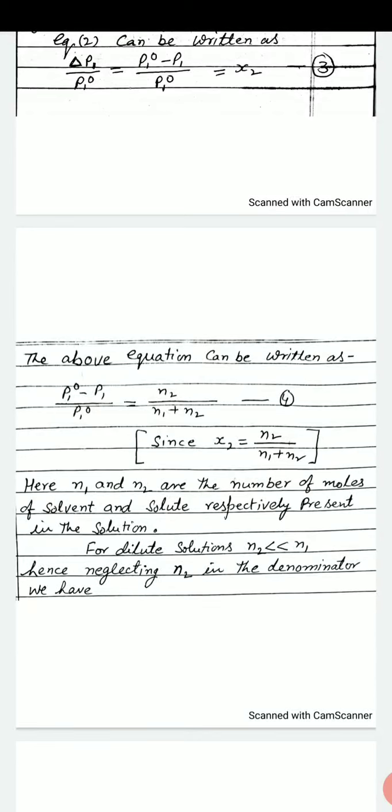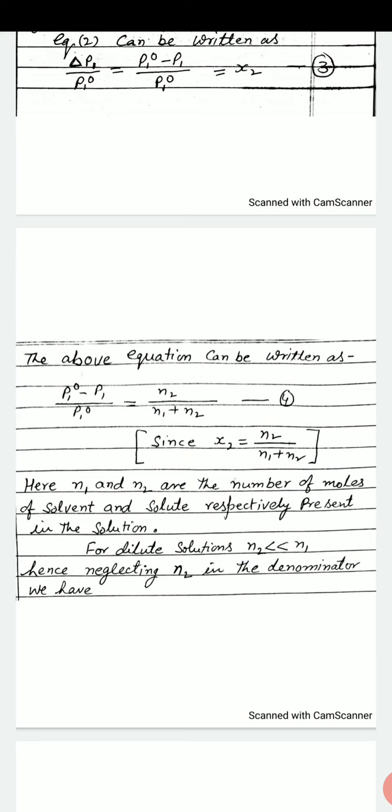The above equation can be written as (P1⁰ − P1) / P1⁰ = n2 / (n1 + n2), equation 4, since x2 = n2 / (n1 + n2). Here n1 and n2 are the number of moles of solvent and solute respectively present in the solution.